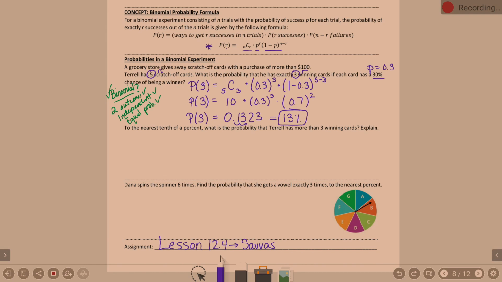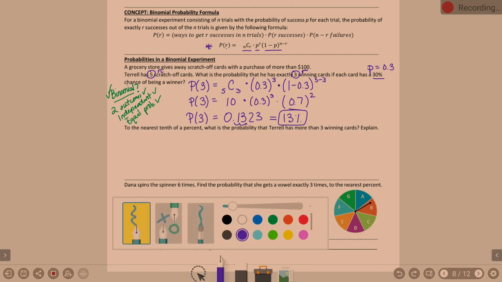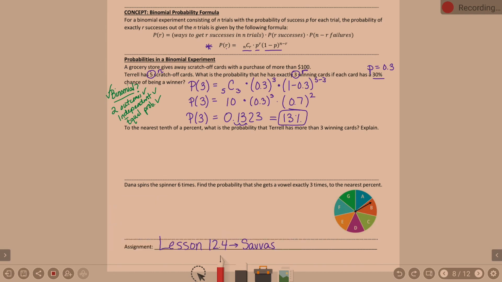Okay. Now, B changes it up just slightly. Read the question, see what we need to tweak. Okay. Well, just slightly, but there's definitely some work to go with it. To the nearest tenth of a percent, what is the probability that Terrell has more than 3 winning cards? Now, so we're being asked for probability of more than 3.